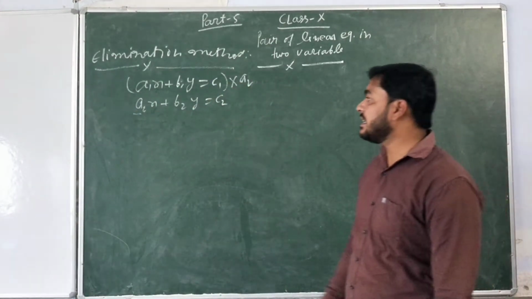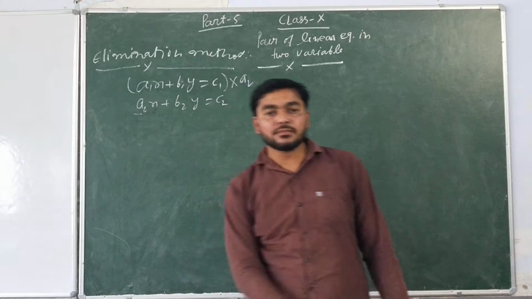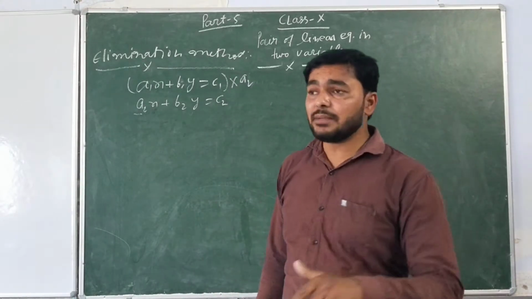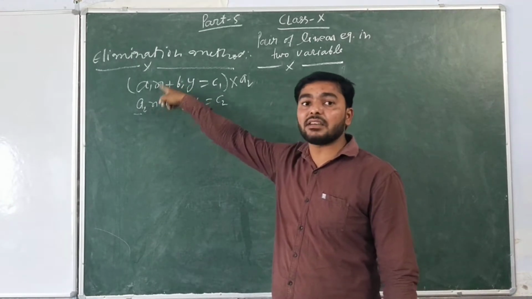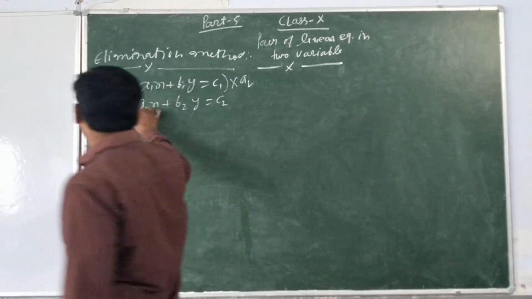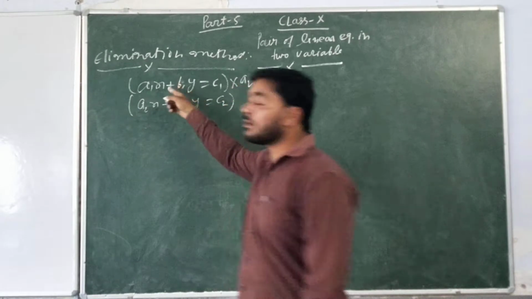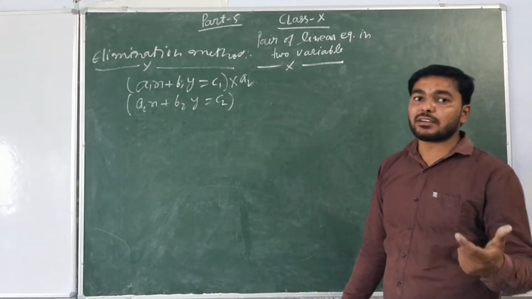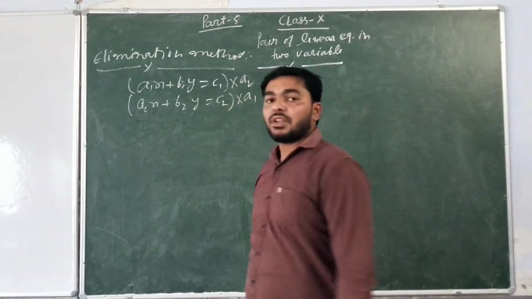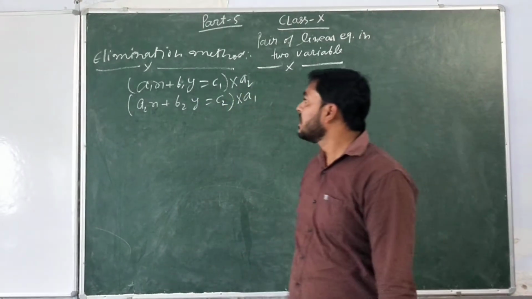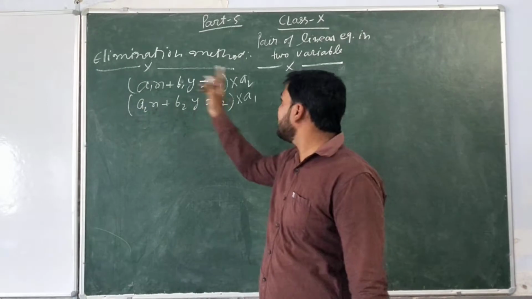And we have to multiply the second equation by the coefficient of x in the first equation. Okay? The second equation you have to multiply by the x coefficient of the first equation, a1.